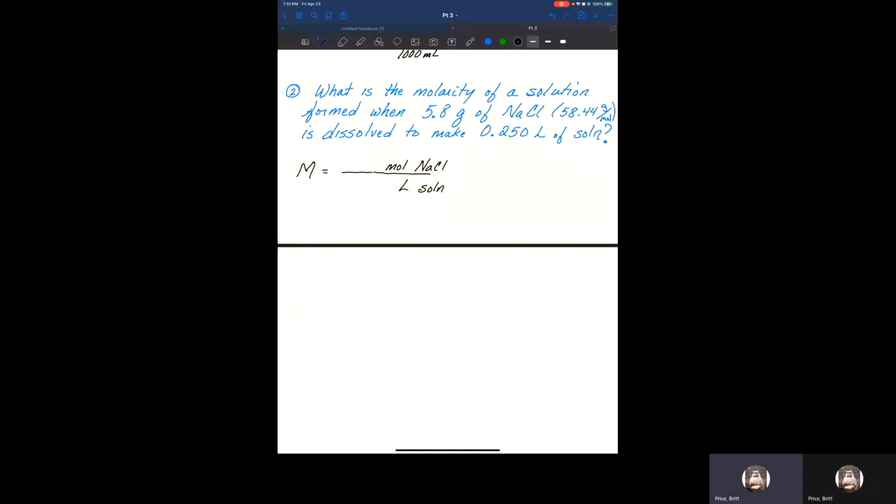I'm playing with 0.250 liters of solution. My question then has to be, if I'm after the molarity, what goes in the green box? What goes in the moles? So someplace else, I'll do this calculation.